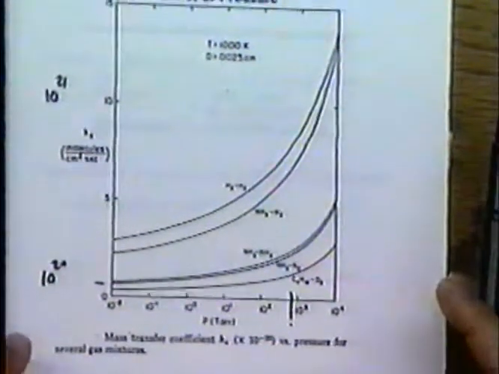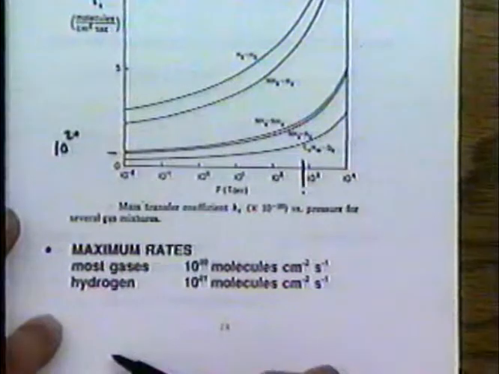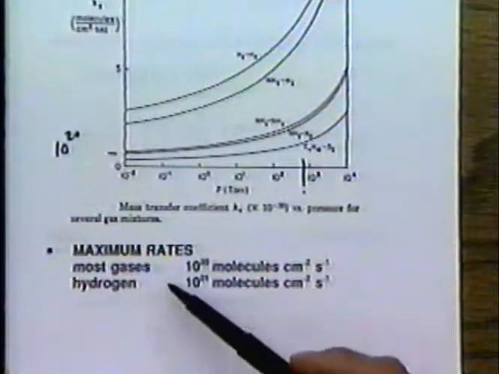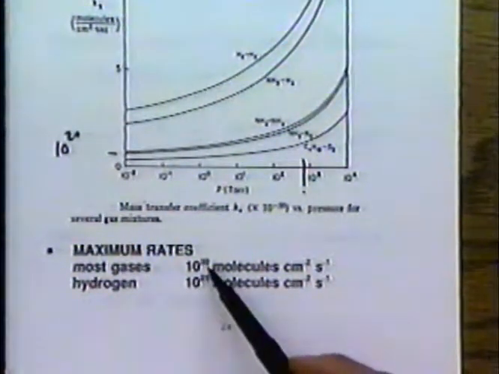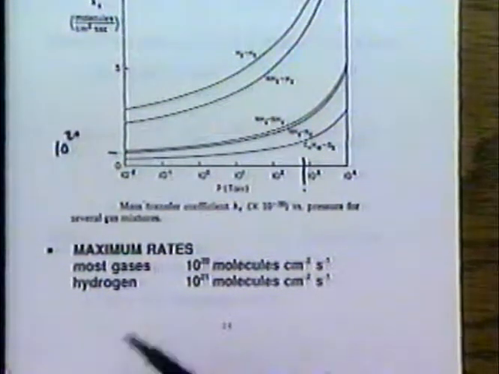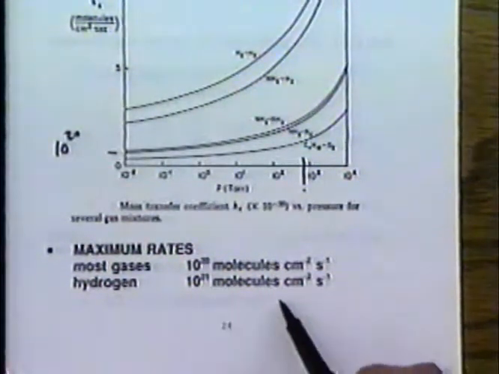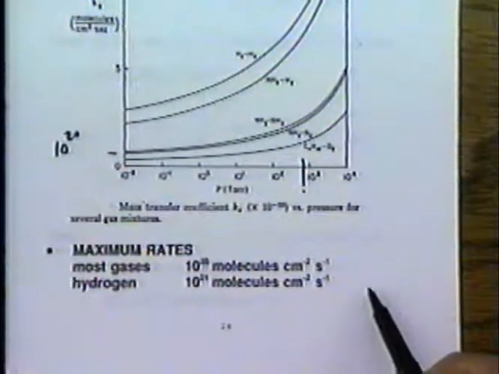The conclusion is that the maximum rates that we can expect to measure in practice for most gases are on the order of 10 to the 20 molecules per square centimeter per second. And if the reaction involves hydrogen gas, we may reach values of 10 to the 21 molecules per square centimeter per second.